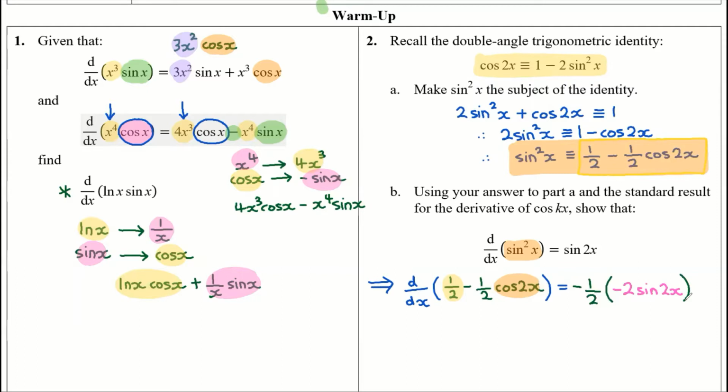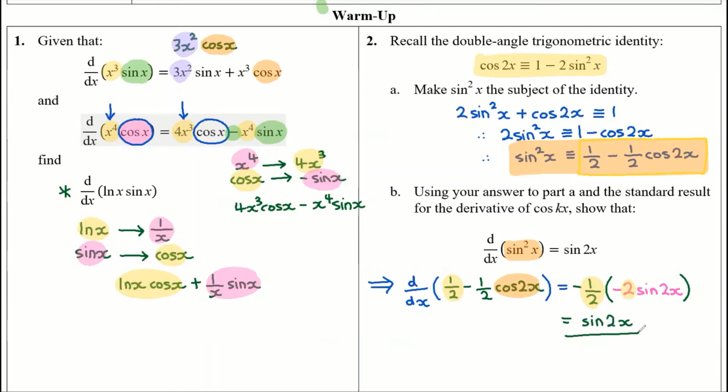Now this is interesting. You'll notice we've got a half, or more accurately, negative 1/2 multiplied by negative 2 here. The two negatives will obviously cancel, and the half and the 2 are reciprocal, so that's just going to simplify to 1. So yes, indeed, we are going to get sine of 2x.